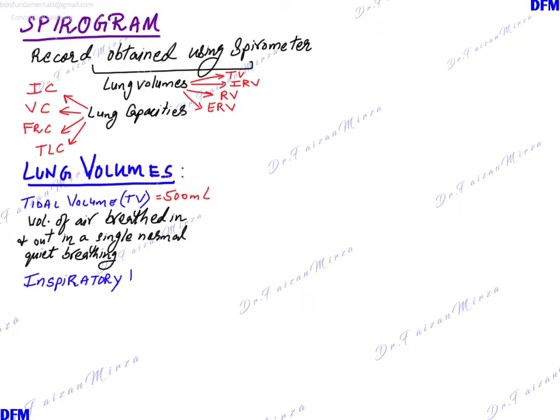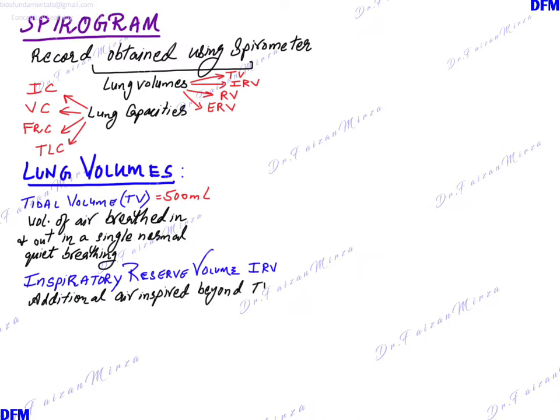IRV is inspiratory reserve volume. IRV is the additional air which is inspired beyond tidal volume after end of normal inspiration, and the value is about 3300 ml.